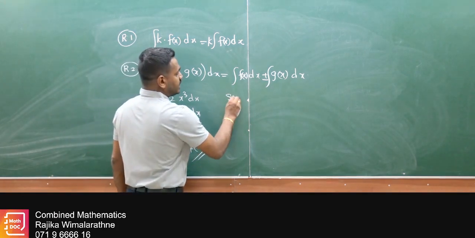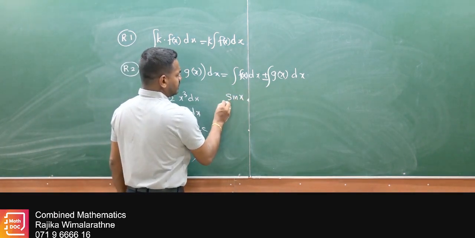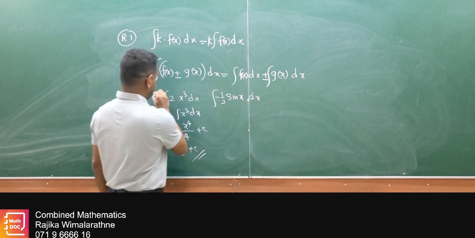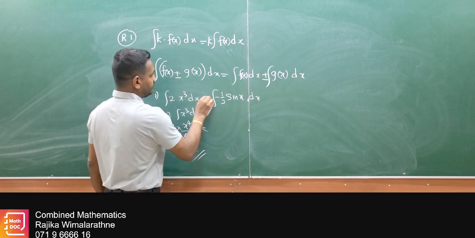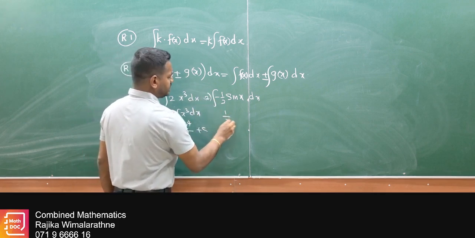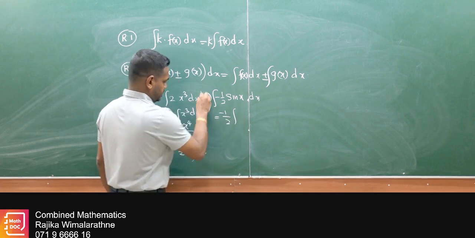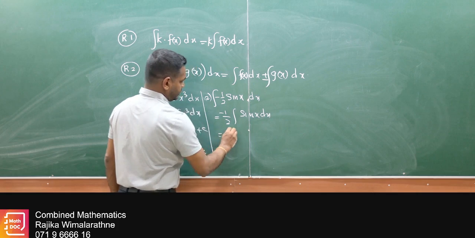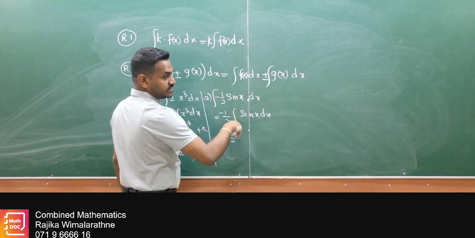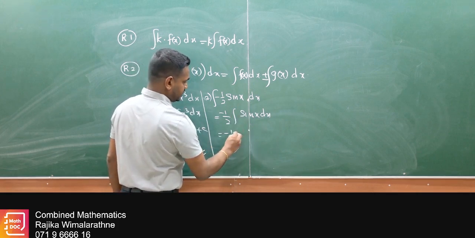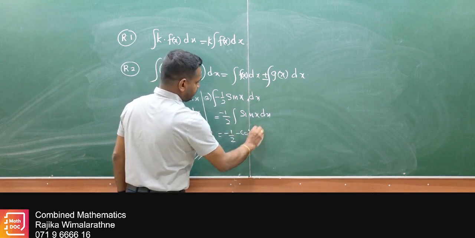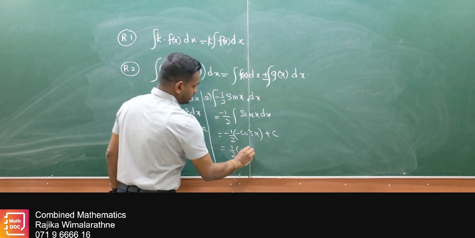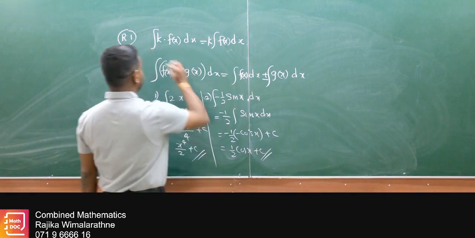Then if you have minus half sin x integral dx, you apply the rule, take minus half outside, then sin x dx. Cos derivative is sin, so the integral of sin is minus cos x. Put constant c. Then 1 over 2 cos x plus c. That's how we apply the first rule.